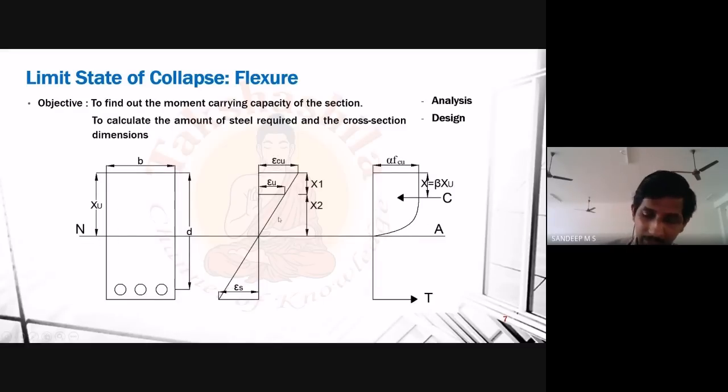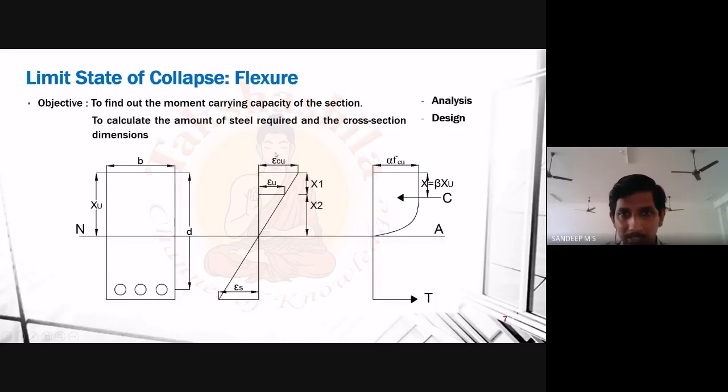And what is the second figure? This is the variation of strain across this section. If you consider the top fiber, this is the variation of strain at the time of failure, or in other words, epsilon cu.